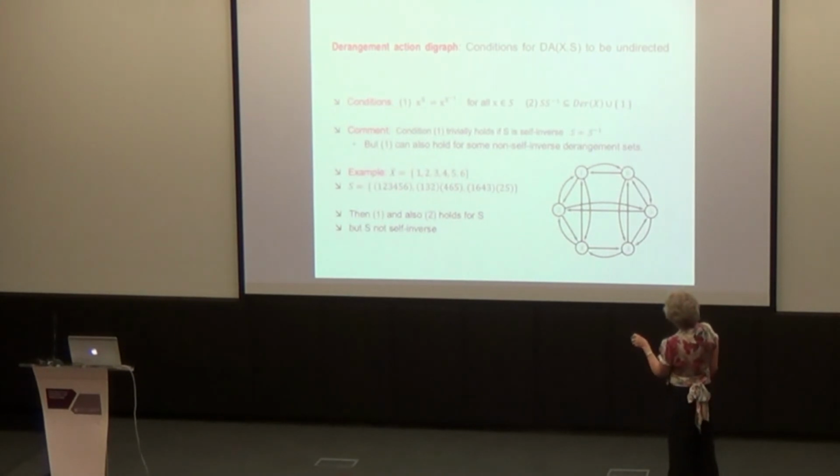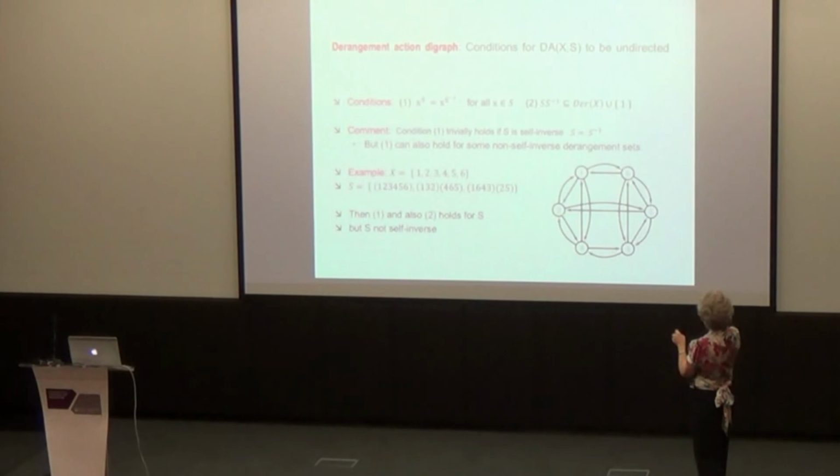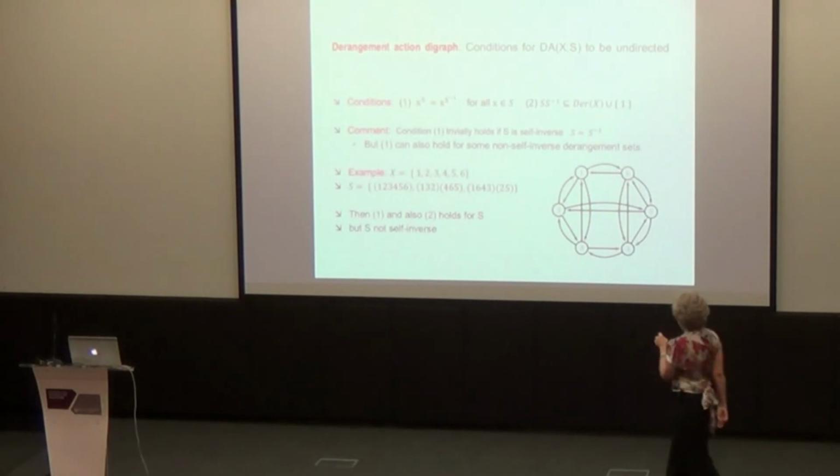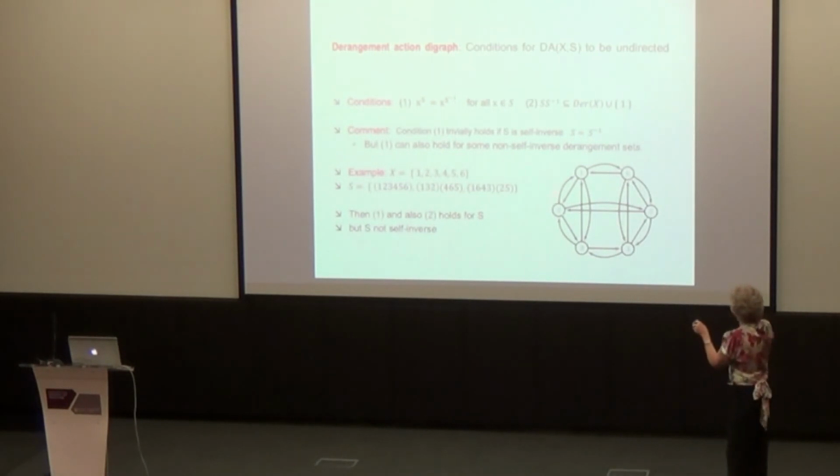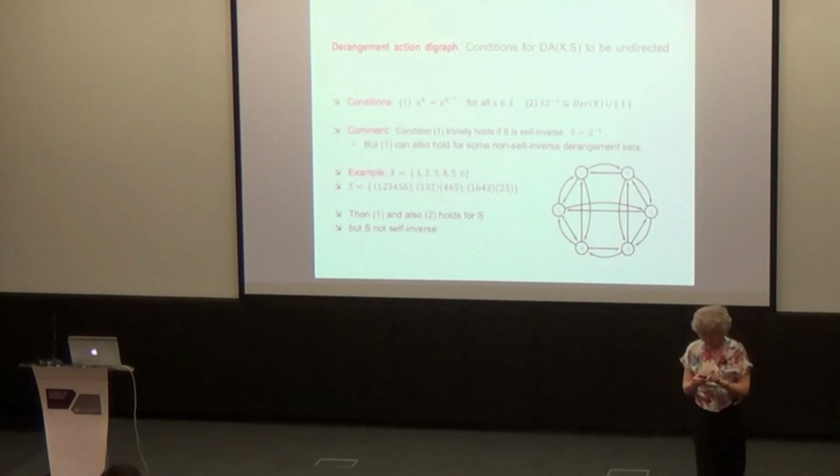So it turns out, you can check it, I won't check it, that this condition holds for this subset S, and this is the graph that you get, and this time I have actually put in all of the arcs instead of collapsing them to edges. So yes, this condition can hold without capital S being self-inverse.